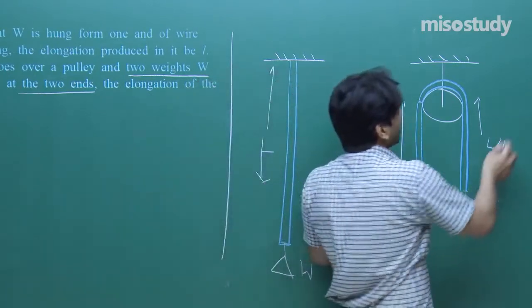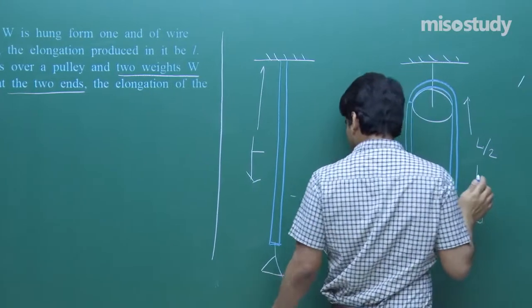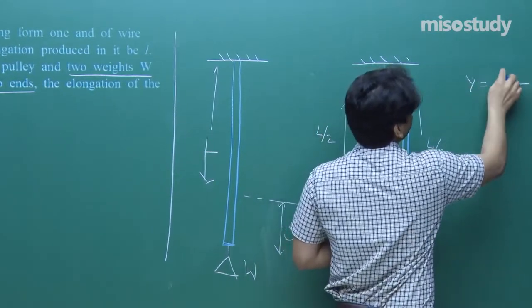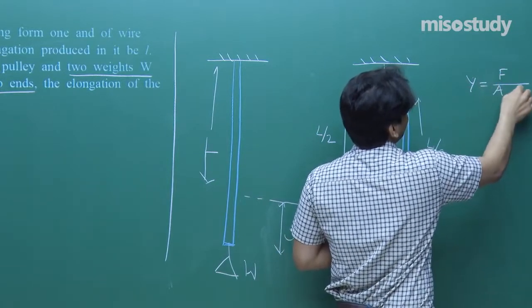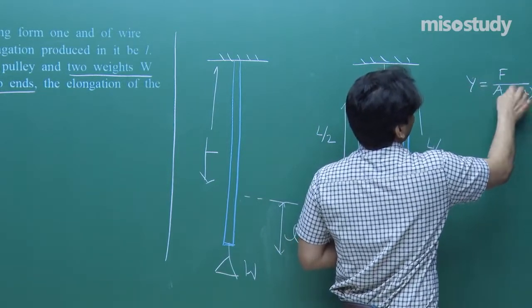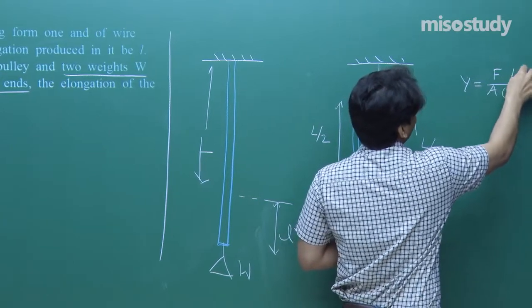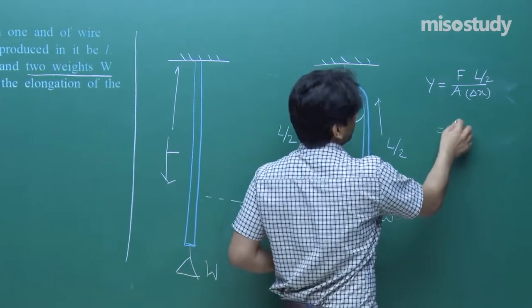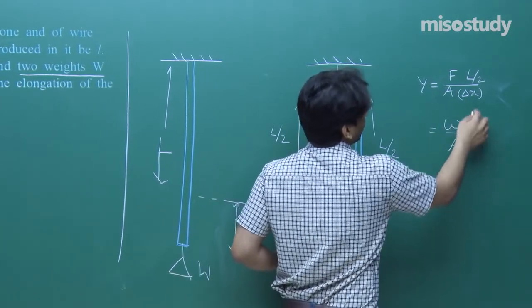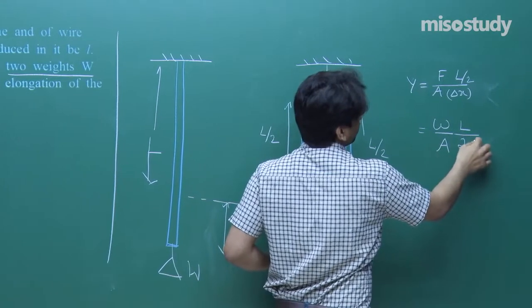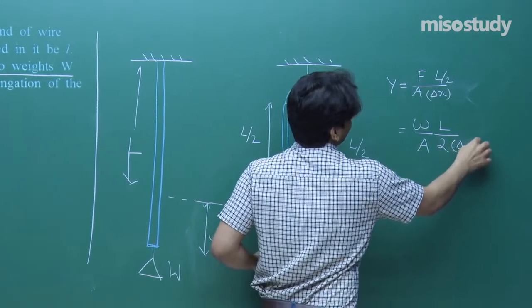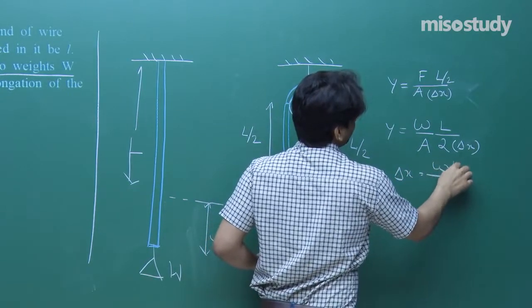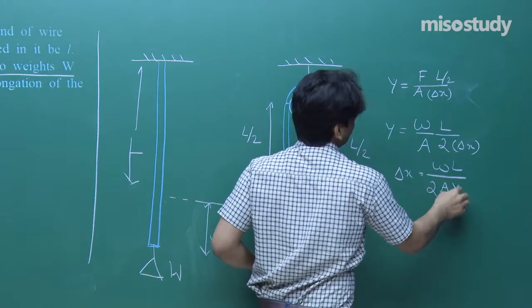If I write delta x as the extension in one part, Young's modulus Y is equal to F by A upon delta x by L by 2. F is here W, so delta x will come out to be W L by 2 A Y.